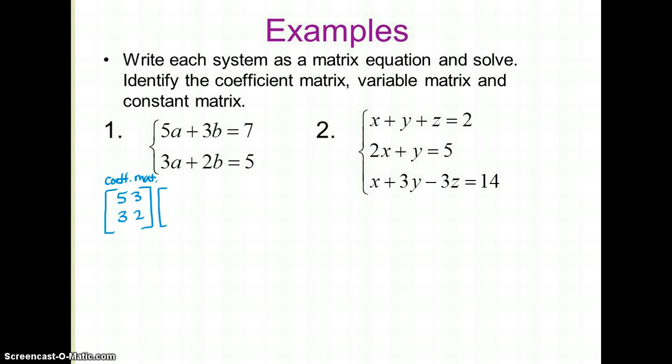Now in this matrix, my variables are going to be the variables A and B, and those will go vertically like this, 2 rows, 1 column, equals my constant. So we'll call this one the variable, and then my constant matrix has a 7 and a 5.